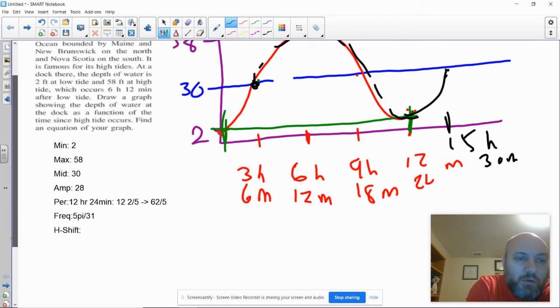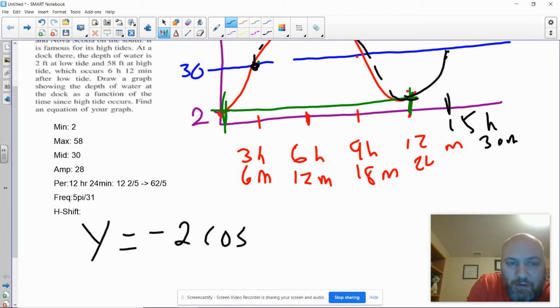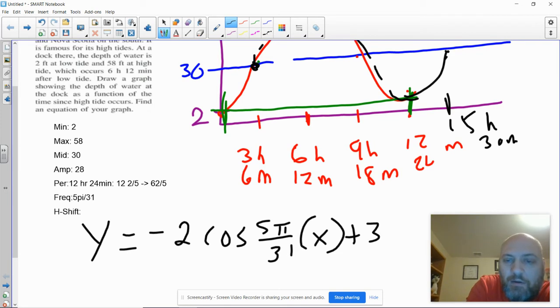So the two equations that represent this graph: we had an inverted cosine curve with an amplitude of 28, a frequency of 5 pi over 31. Since I'm using cosine, I do not have a shift, and my midline is at 30.